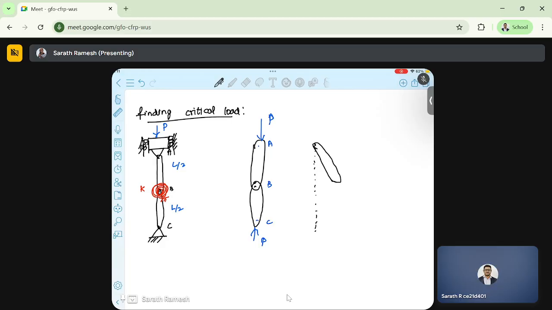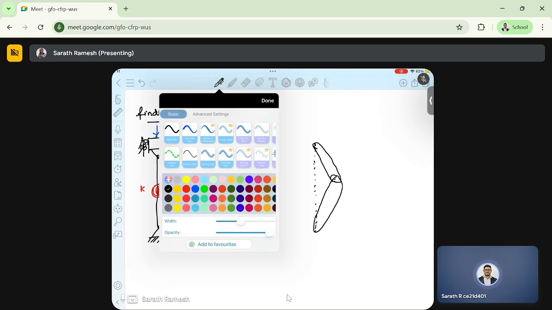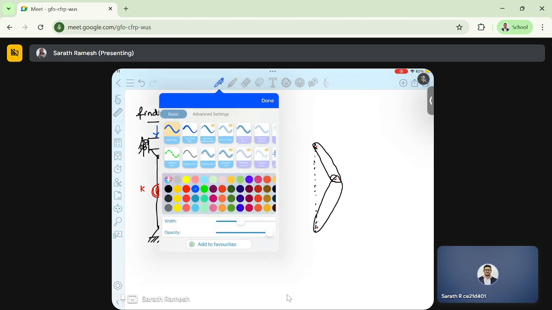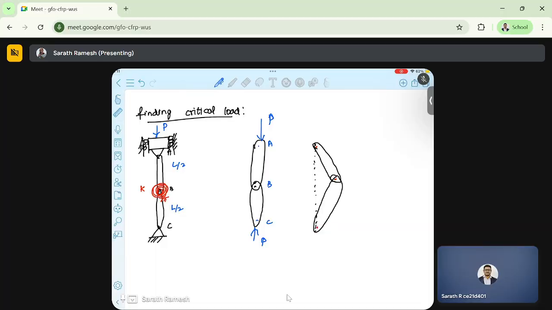Now there is a problem. Until it remains straight, it's fine, but when it is slightly displaced, it can go unstable.